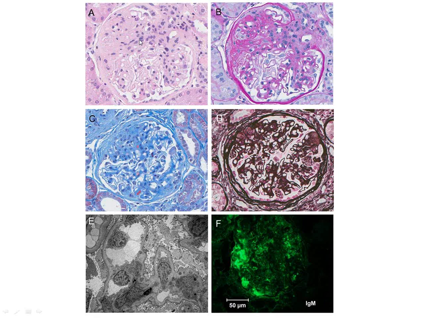So in all 4 panels, there is segmental effacement of the peripheral capillary loops by extracellular matrix. It's palely eosinophilic on A, it's PAS positive, it is blue on trichrome, and it takes up the silver on the JMS.